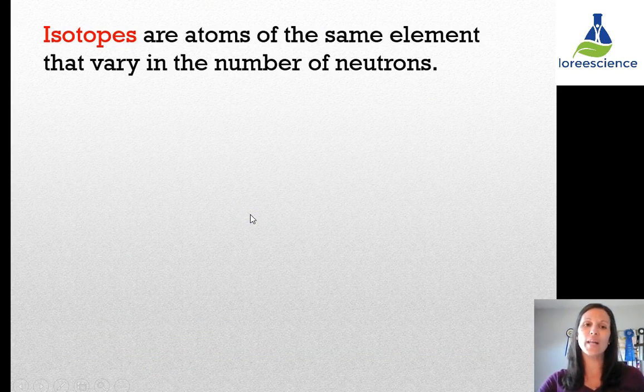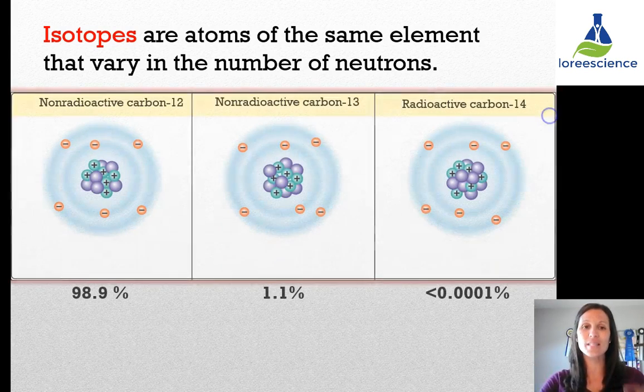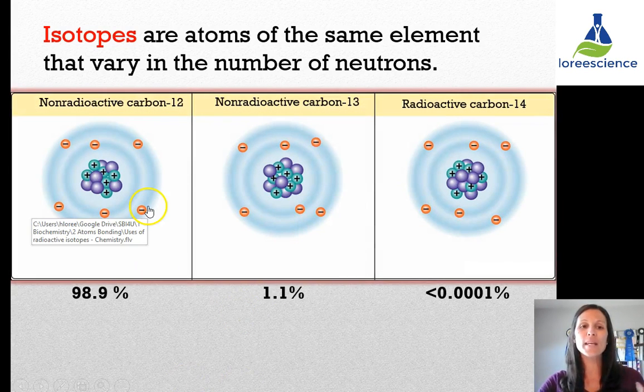Then we also have to look at isotopes. These are atoms of the same element, but they vary in the number of neutrons. That's important because as soon as you change protons, you've changed the element, but neutrons can change the mass, but it's still the same element. For example, we can look at carbon 12, 13, and 14. 98.9% of all carbon in the world is carbon 12, meaning that it has 6 protons and 6 neutrons.